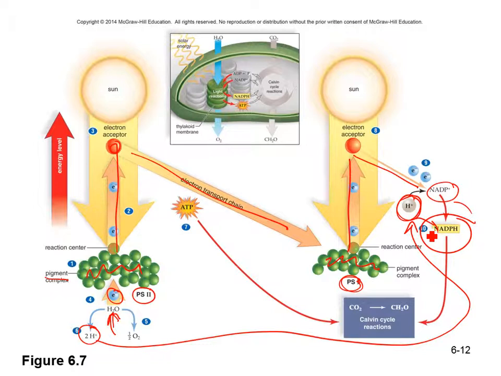Where do the electrons that enter photosystem 2 and photosystem 1, where do the electrons come from originally? They come from water. Where do the hydrogens that bind with NADP and the electrons to form NADPH, where do these hydrogens originally come from? Water.